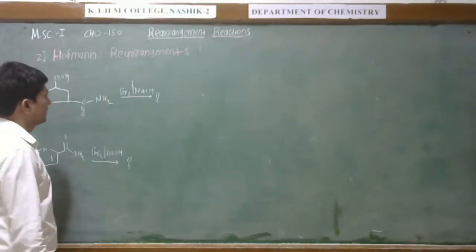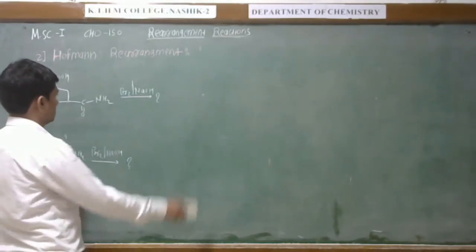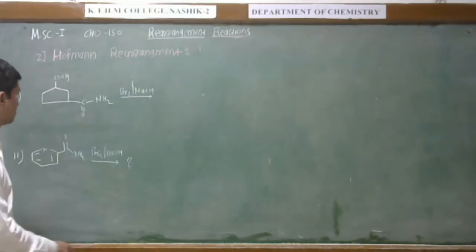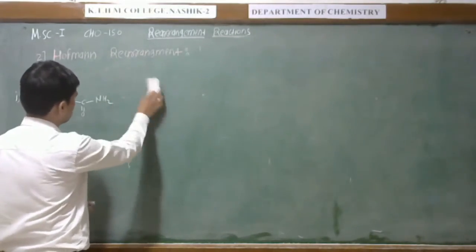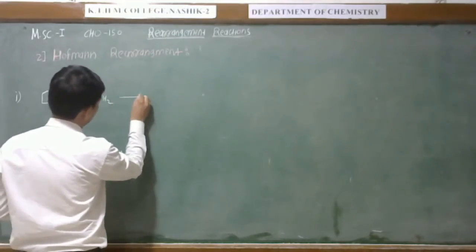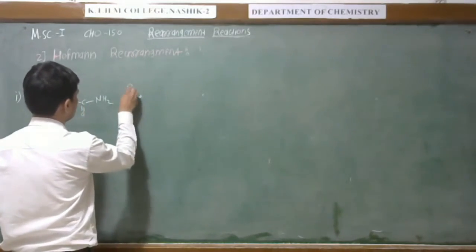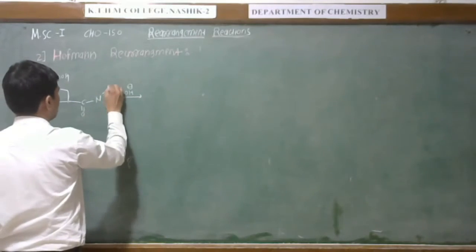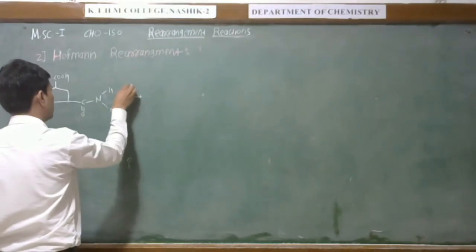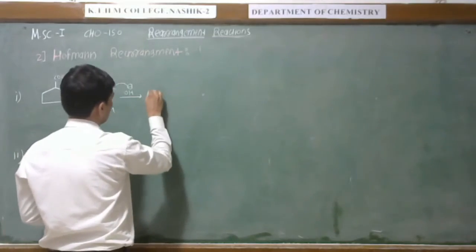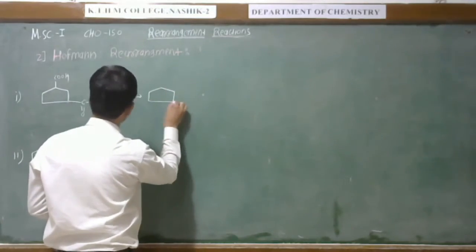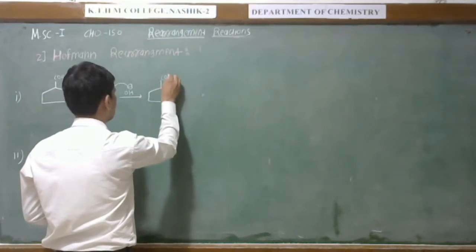Now see what happened here in the first example. The hydroxyl ion, that is OH minus, which comes from the base, takes the proton from the amide, and there will be formation of negative charge, and we get the new structure here.